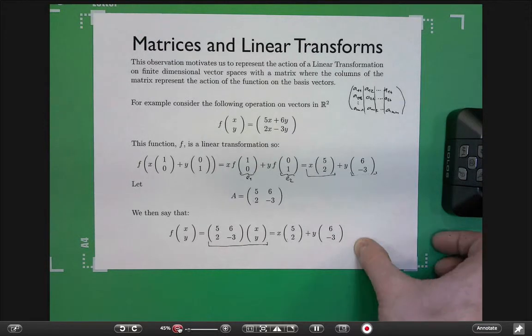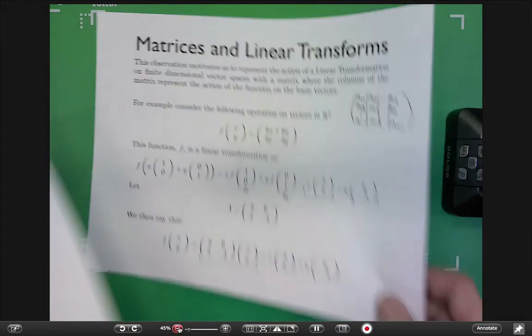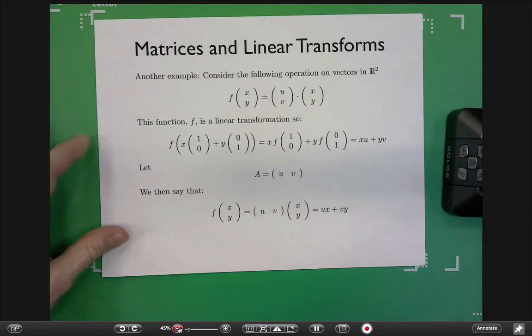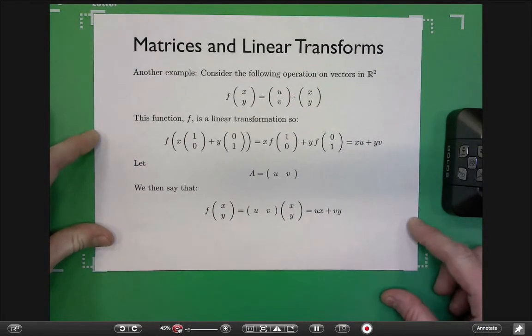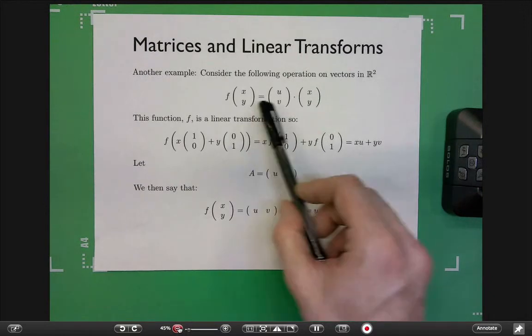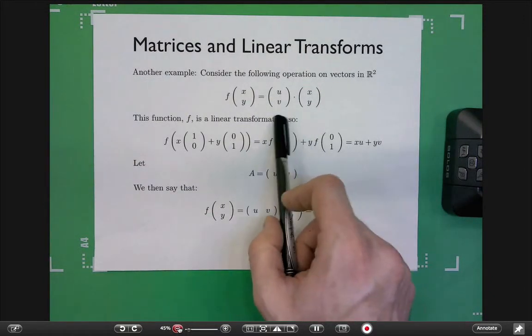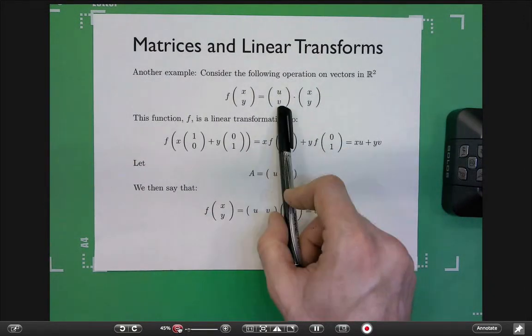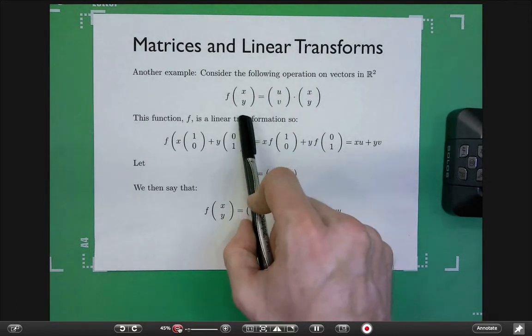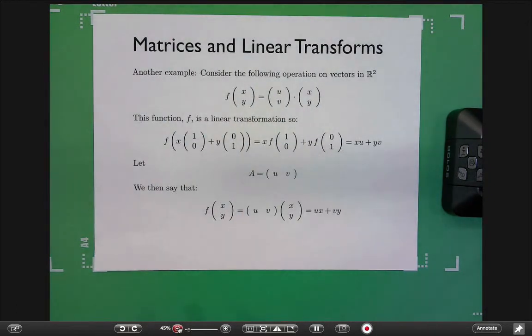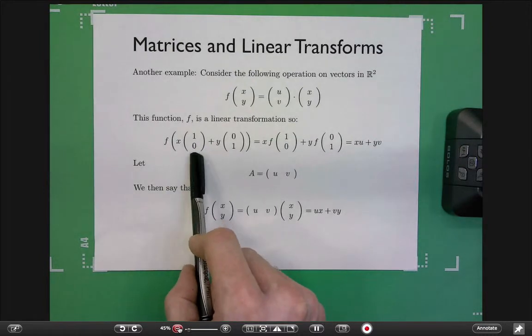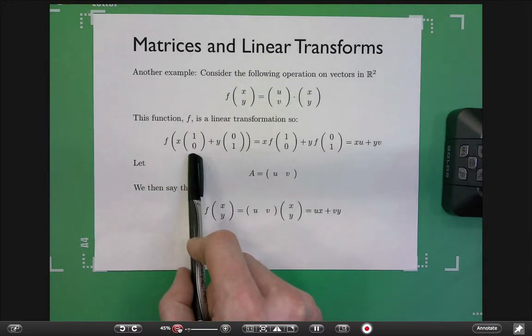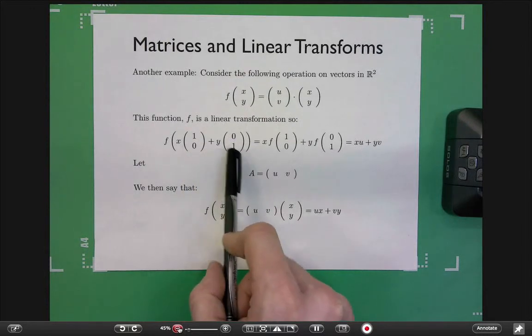Well, let's go to this one. Here is another example. Here is the example when my linear transformation is a dot product with a fixed vector. My fixed vector is (u, v), and my variable vector is (x, y). Again, if you go through it, I need to look at what the linear transformation does on the basis vectors.